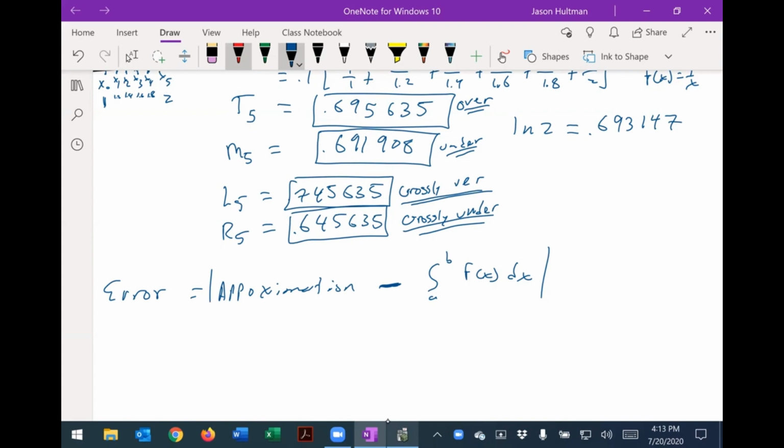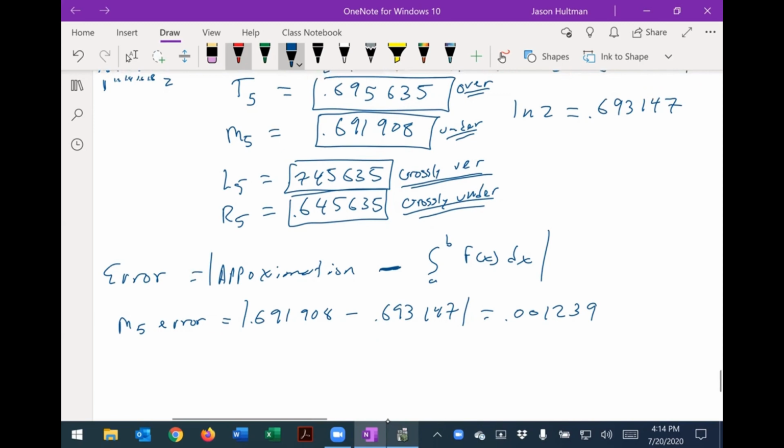Let's look at the midpoint error, the M5 error. That's just the absolute value of 0.691908 minus 0.693147, and that's 0.001239. So the error on the midpoint was 0.001239. What about the trapezoidal rule error?